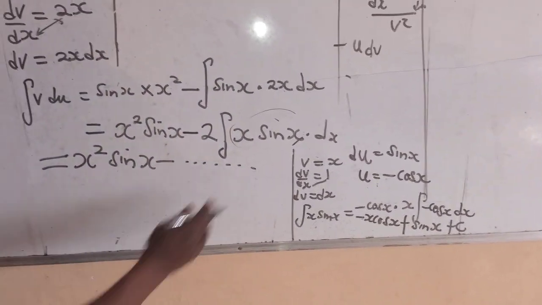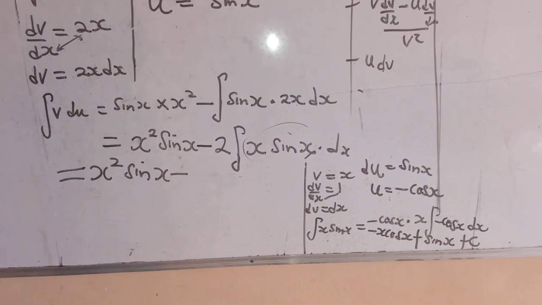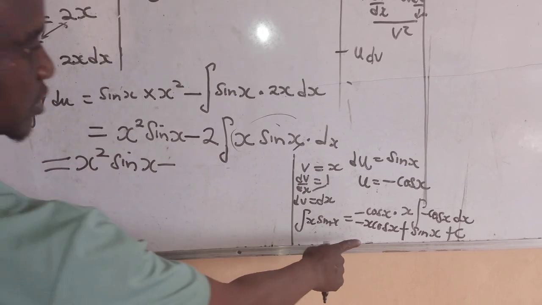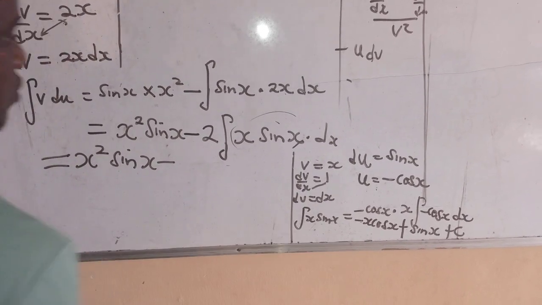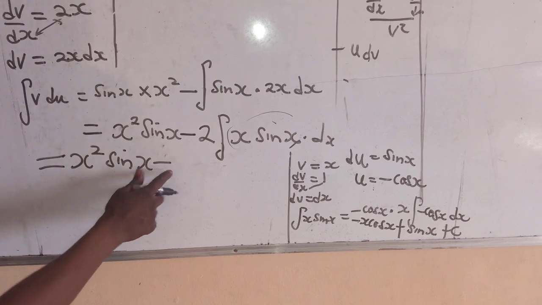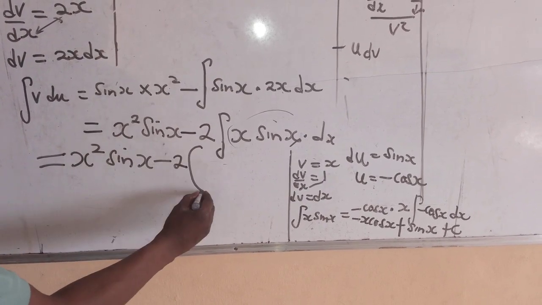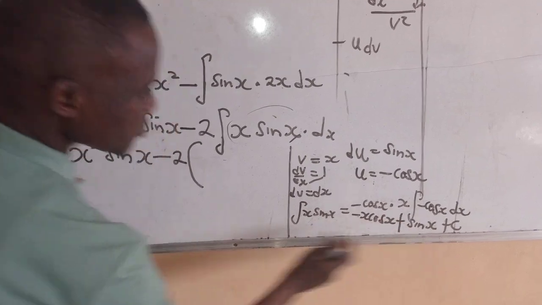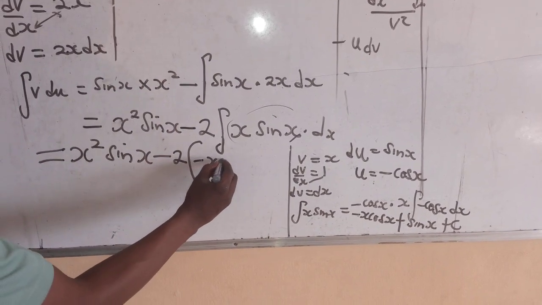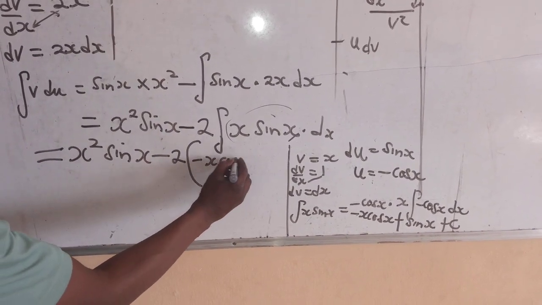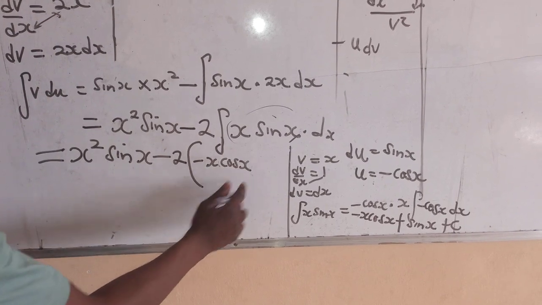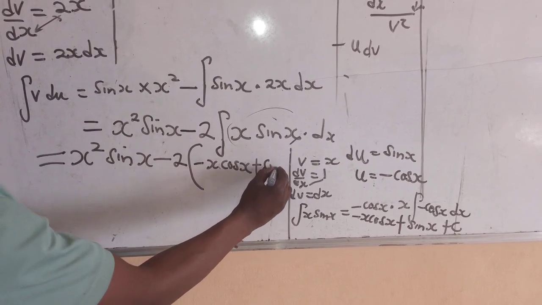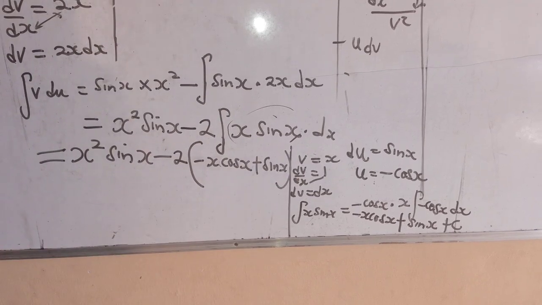So here, this is what I'm now having. You are now having minus. If you use minus to open this bracket, the whole of this has given me minus x cos x plus sine x.